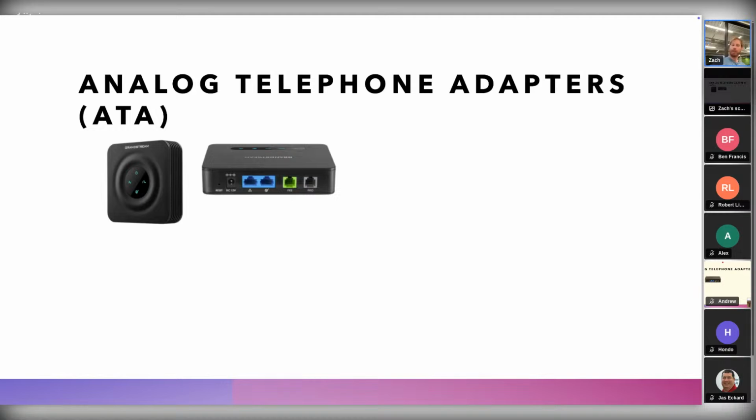Basically, you plug the phone into them, and then you plug them into your Ethernet, and now your phone is online. But it's not quite as simple. None of them have Wi-Fi that I've found. I haven't found a single one that has Wi-Fi, and I wanted Wi-Fi for mine in my living room because I didn't want a big line going all the way over to my closet.